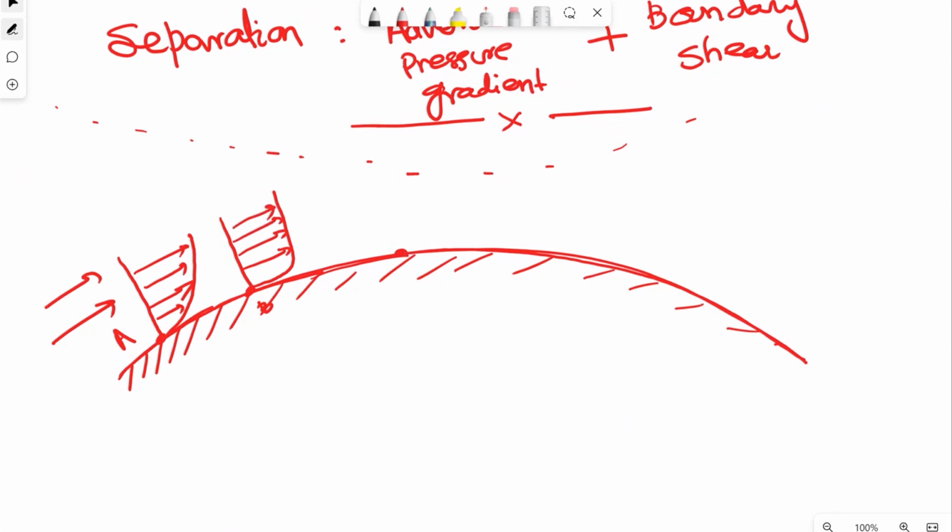Suppose I take a point here, C, almost the same. Beyond C, if I take a point on the downstream, what I observed is this is how the velocity distribution is.